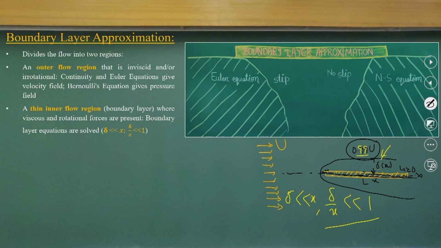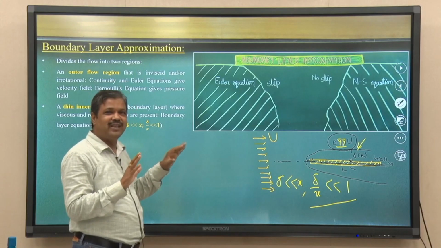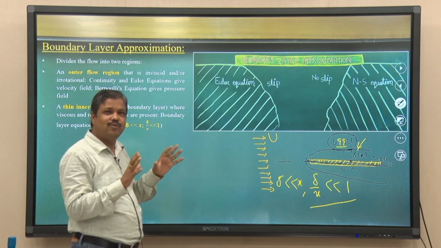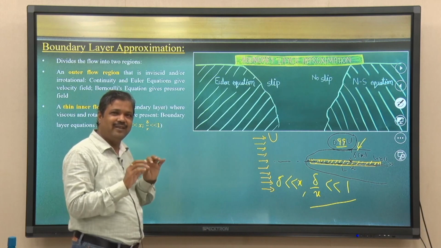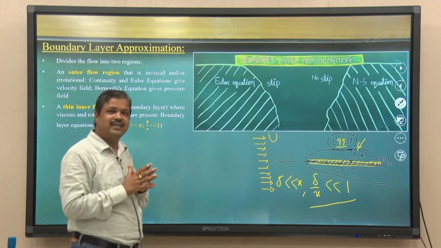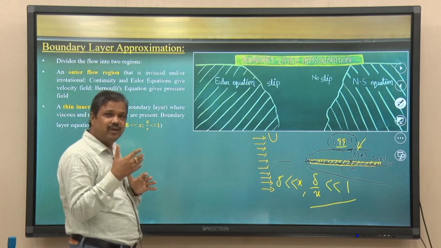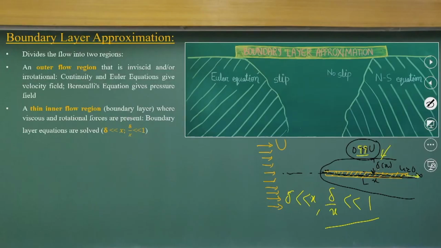It is a geometric problem, and that is why many of the times the boundary layers you see are drawn magnified. Any textbook writes it as a magnified boundary layer, because compared to the x dimension, the thickness is much smaller, and delta by x is much less than 1.